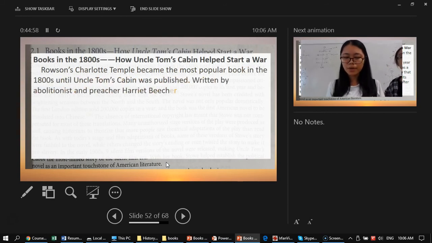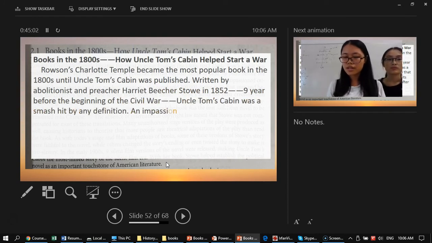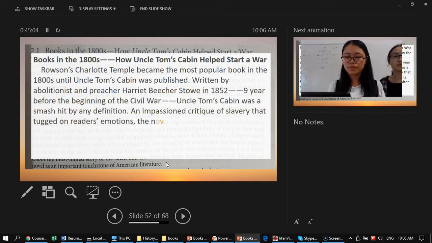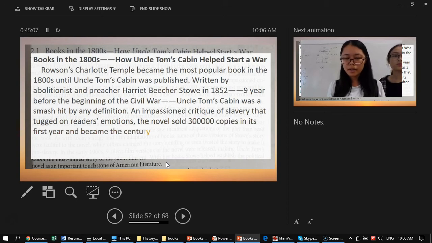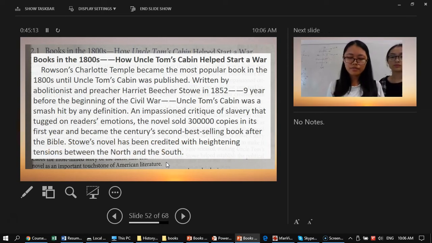Robinson Crusoe's character became the most popular book in the 1800s until Uncle Tom's Cabin was published, written by abolitionist and preacher Harriet Beecher Stowe in 1852, 9 years before the beginning of the Civil War.